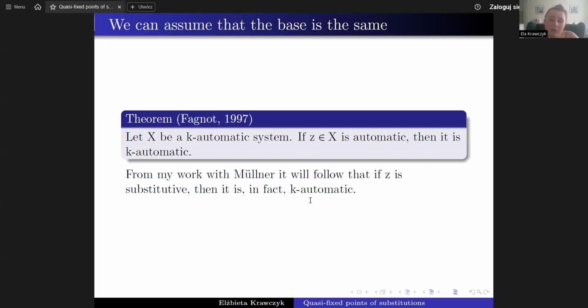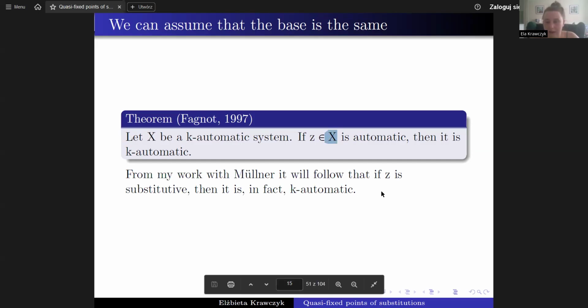And in general, from my work with Clemens Müllner on hidden automatic sequences, it will basically follow that if Z is substitutive, then it is in fact k-automatic. However, it says "will" because this is still not yet finished.